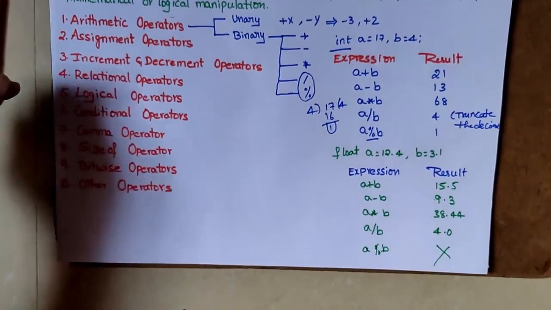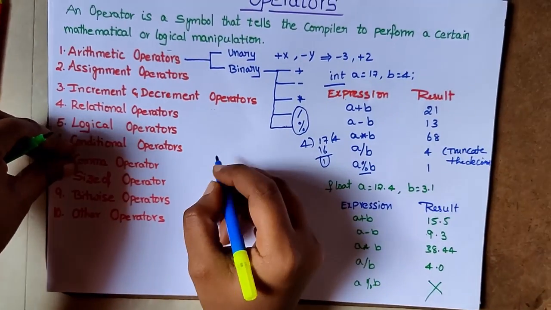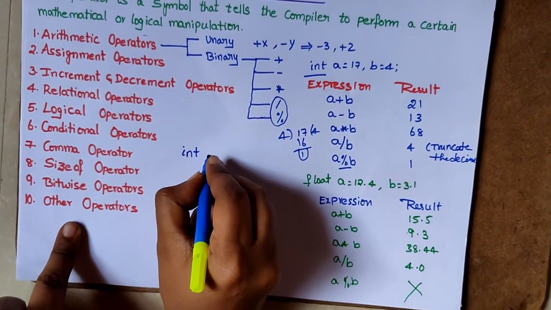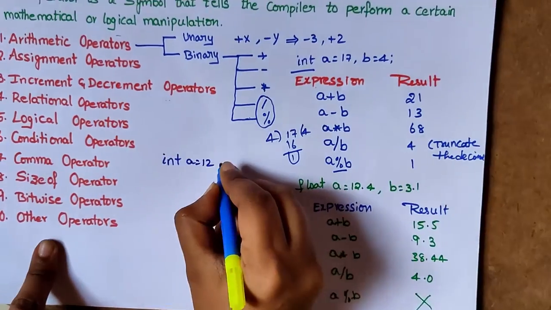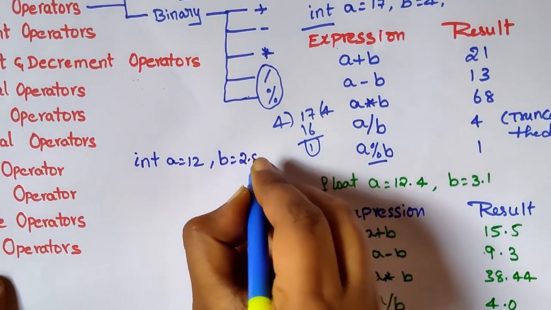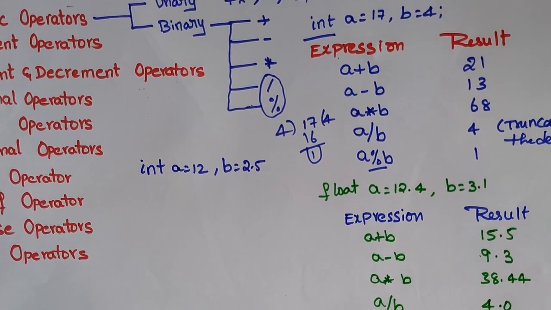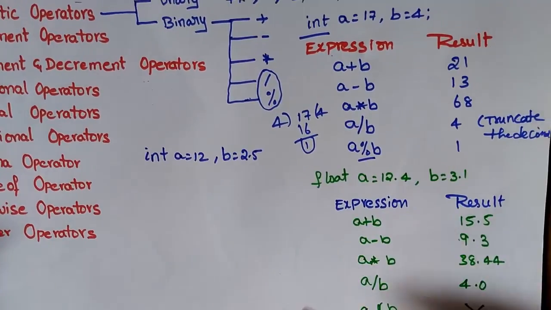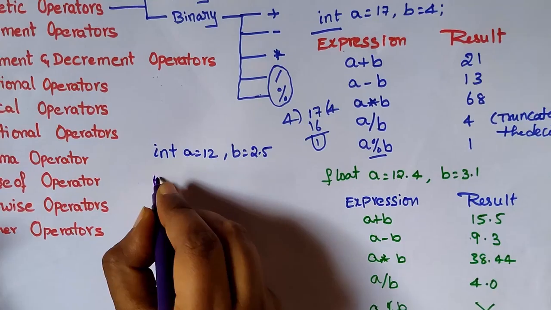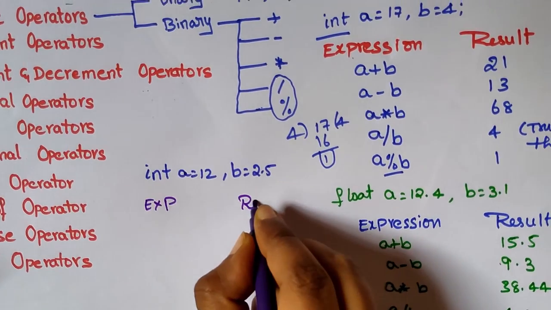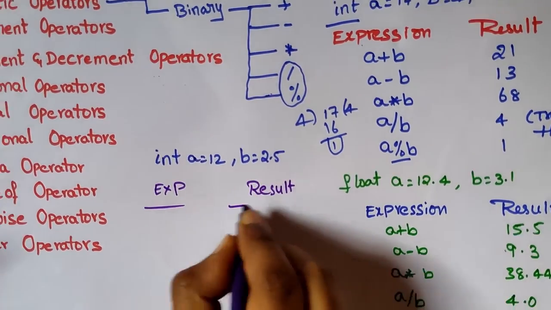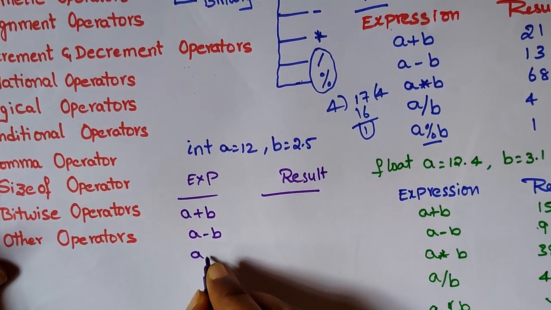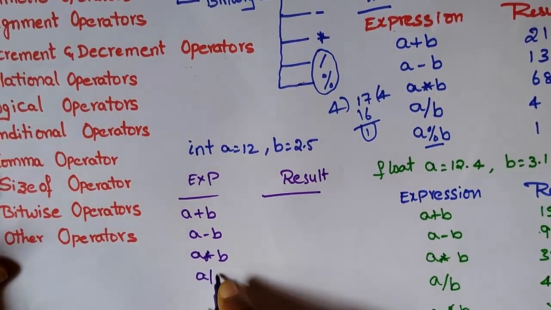Now I am going to tell you, if one value is float and one value is integer, then how we can do it. Now I am going to take int a equal to 12 and b equal to 2.5, and do all these things again, expression and result: a plus b, a minus b, a into b, and a by b.